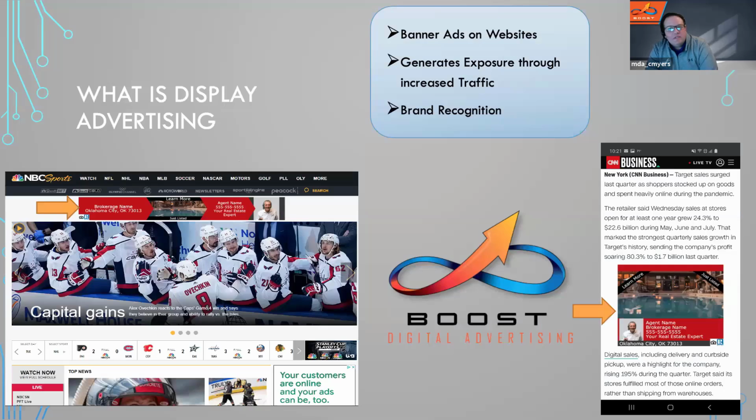So getting into the presentation itself, what is display advertising and what is the purpose of it? Well, the simple answer to that is branding. But display advertising is priced and should be used in a way to support your lead generation goals.